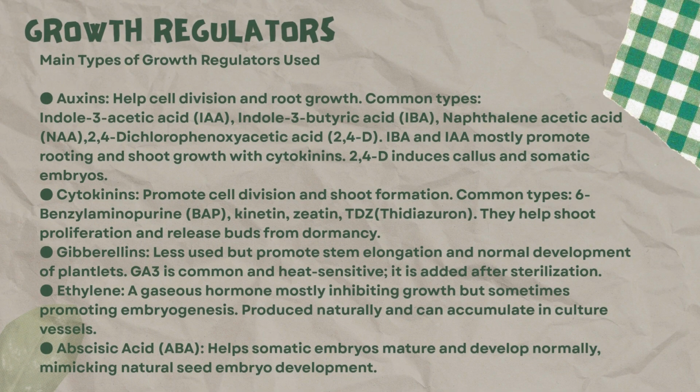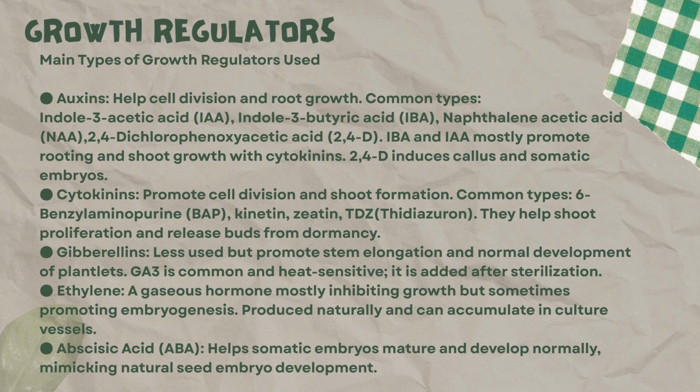Next, last, let's quickly run through the main types of growth regulators used in plant tissue culture and why each one matters for plant development in vitro. First, auxin. This promotes cell division and root growth. Common auxins include IAA, indole-3-acetic acid, IBA, indole-3-butyric acid, NAA, 1-naphthaleneacetic acid, and 2,4-D, 2,4-dichlorophenoxyacetic acid.